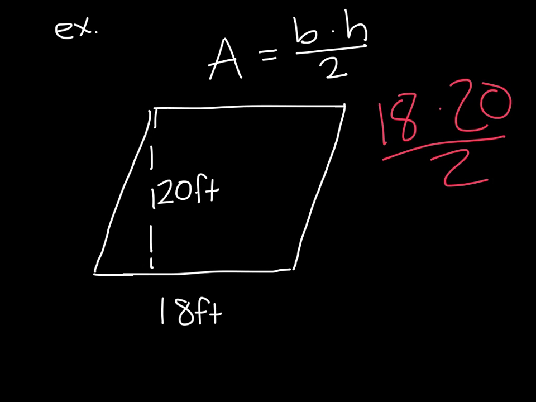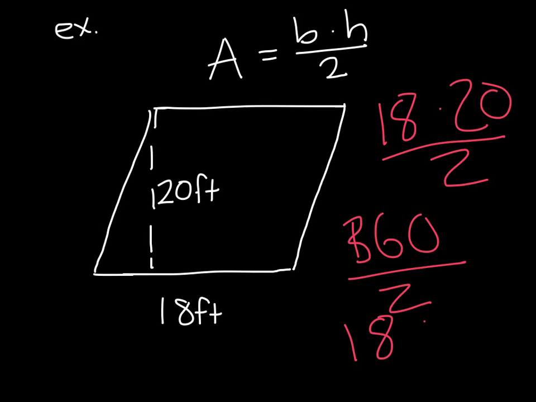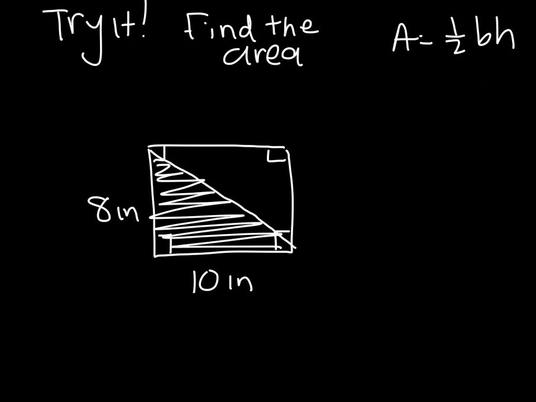Alright, so when you solve it, you should get 360 for the top, divided by 2, equals 180. And if you guys have any questions, please feel free to ask. Alright, here's another one. Go and try.